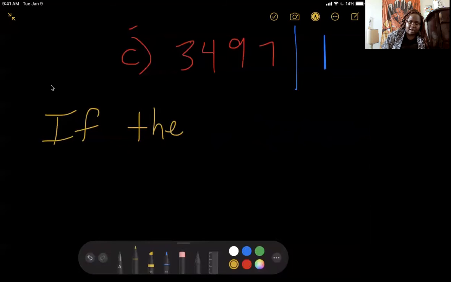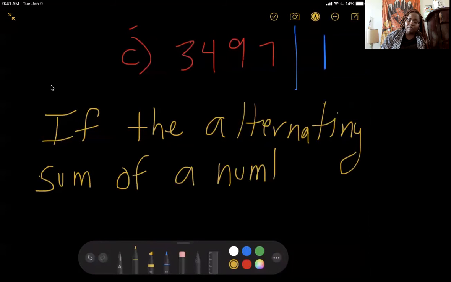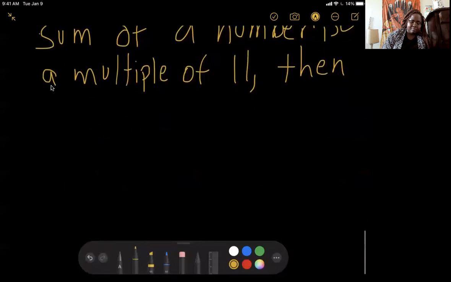If the alternating sum of a number is divisible by 11, then that number is divisible by 11. If the alternating sum of a number is a multiple of 11, then the number is a multiple of 11.